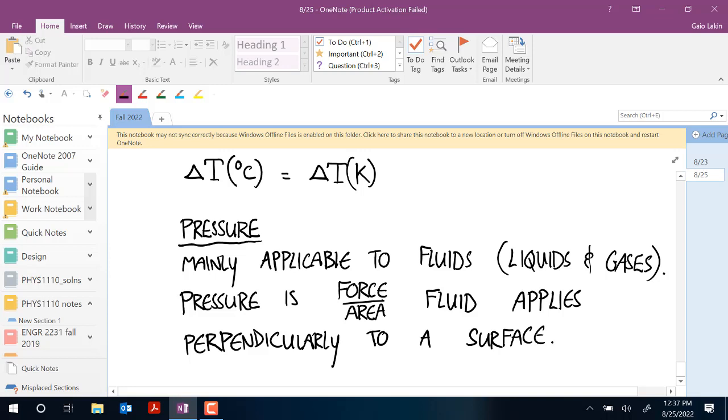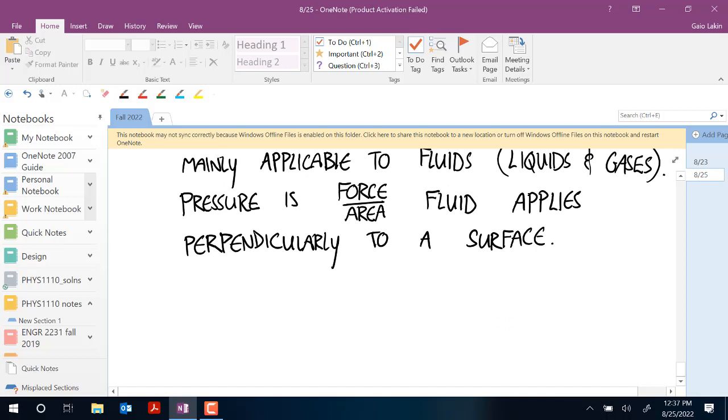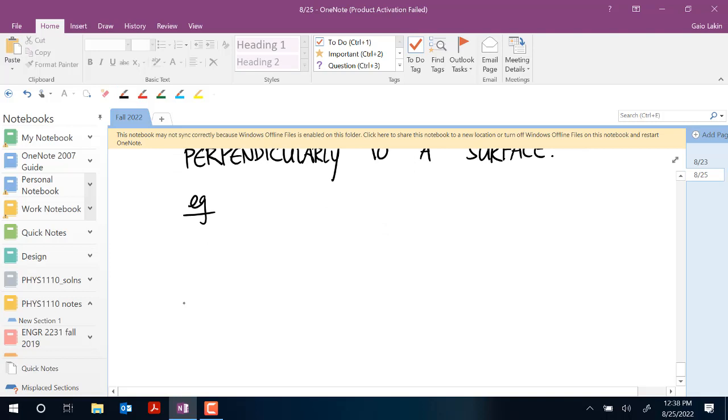Okay, so even though pressure isn't a vector, it's just a number, a value, you can get vector information out of it if you know the orientation of a surface that the pressure is being applied to. So for example, if you have a vessel like this, and let's say you have a flat plate inside, okay?